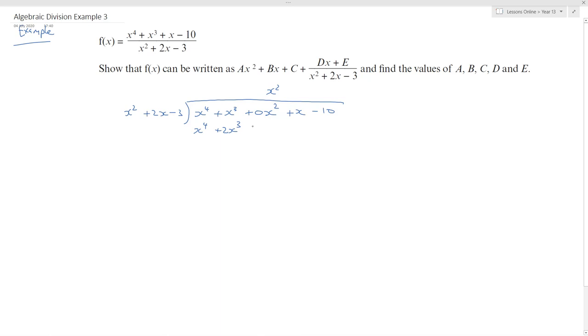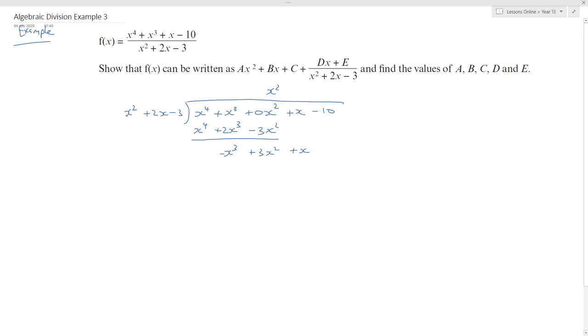X squared times minus 3 gives me minus 3x squared. And a bit of subtraction. Those 2 terms cancel each other out. X cubed minus 2x cubed gives me minus x cubed. 0 minus 3x squared gives me plus 3x squared. I drop the x down here, plus x.